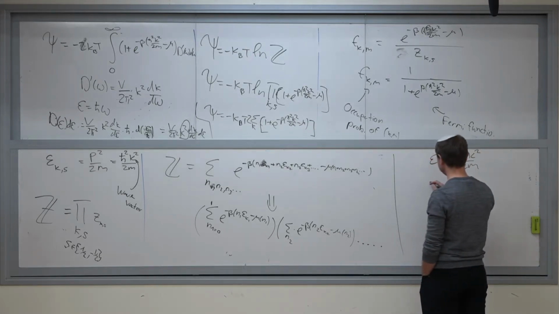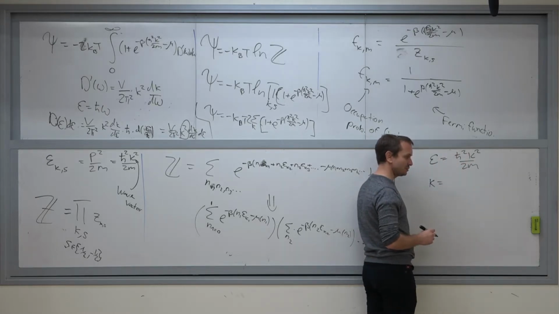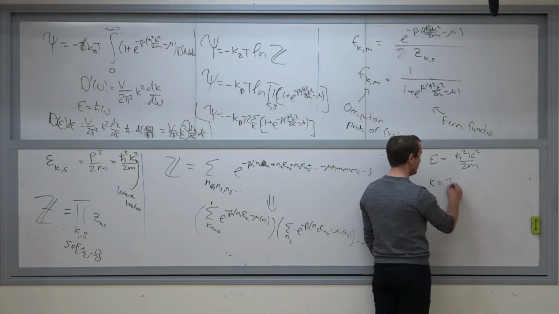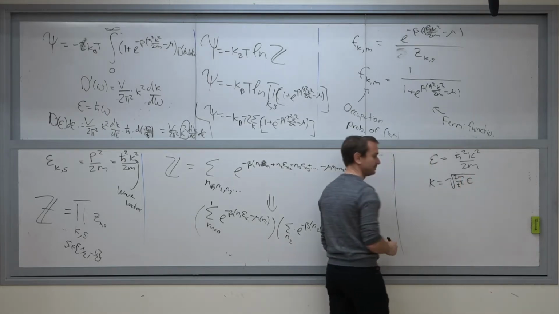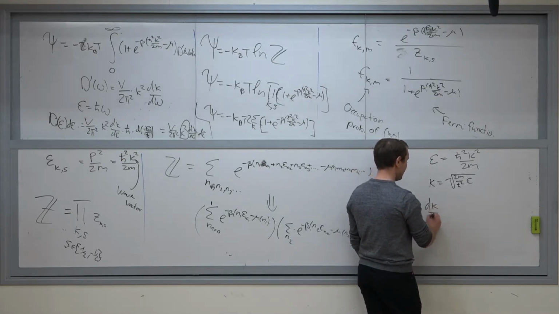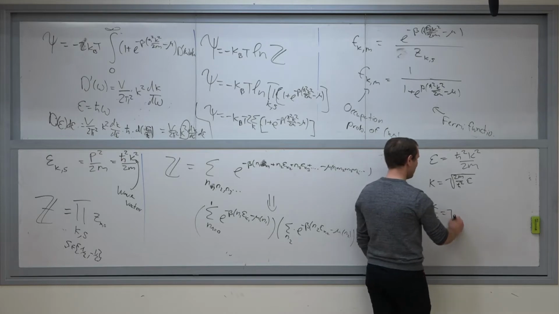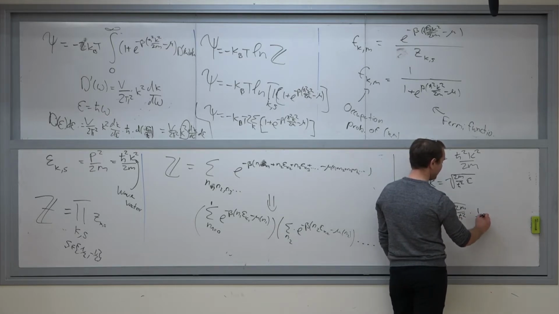So k equals the square root of 2m divided by h bar squared multiplied by epsilon. So dk d epsilon equals square root of 2m divided by h bar squared multiplied by 1/2 square root of epsilon.